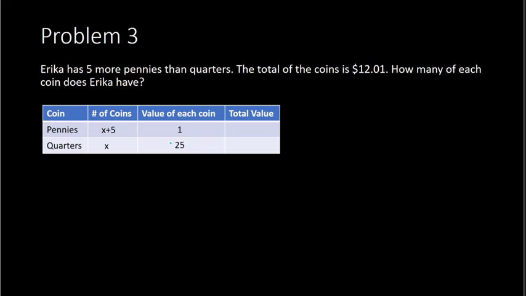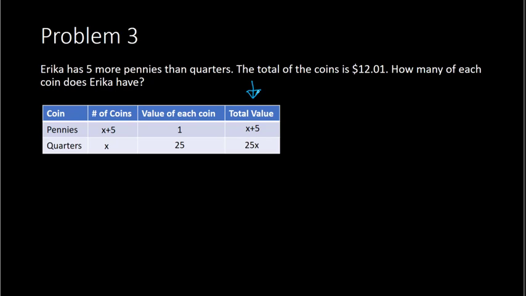Then I can multiply the number of coins by the value to get the total value. For pennies, we have x plus 5 times 1, which would give me x plus 5. For the quarters, we have x times 25, which would be 25x. So we have filled in the table, and we have in this last column our total value.